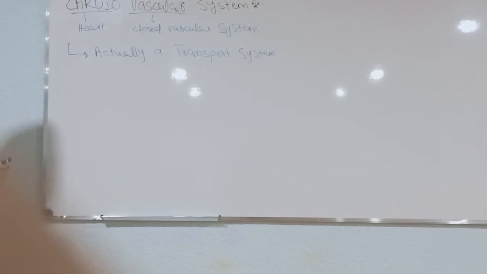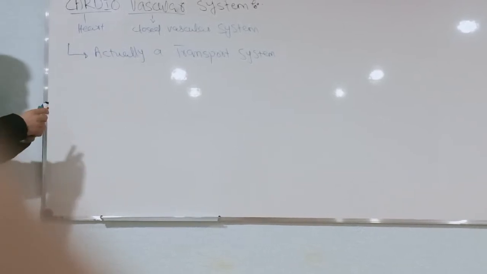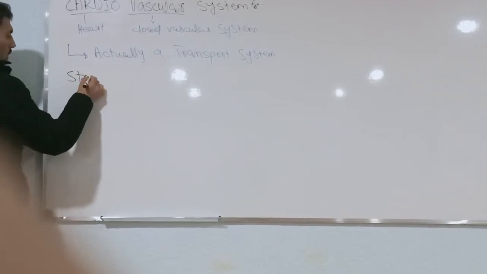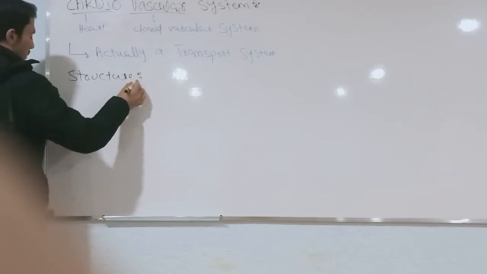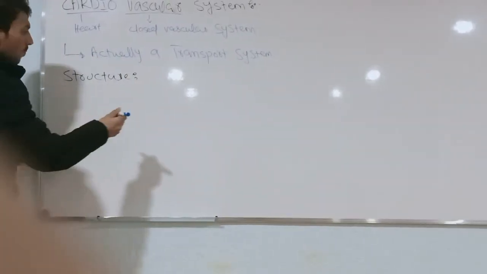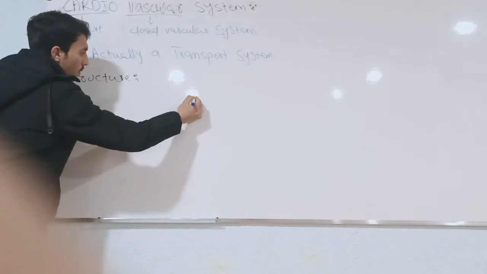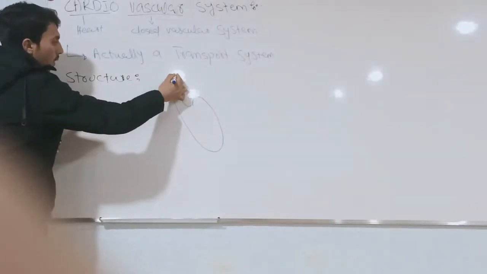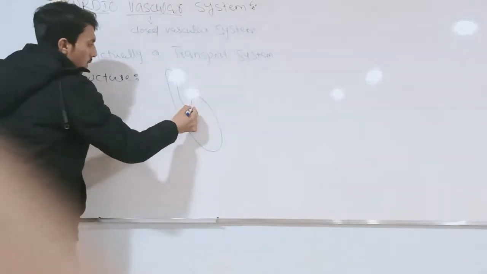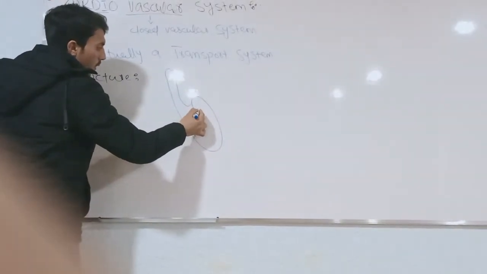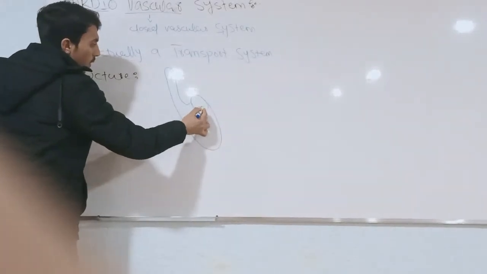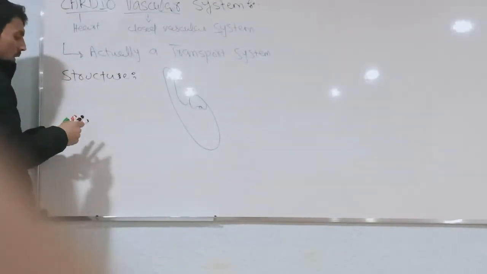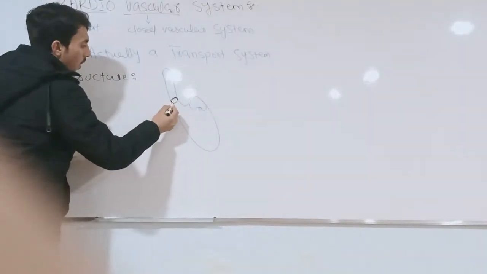Now we draw the structure of the left heart. This is the left atrium. Here is the aortic valve.